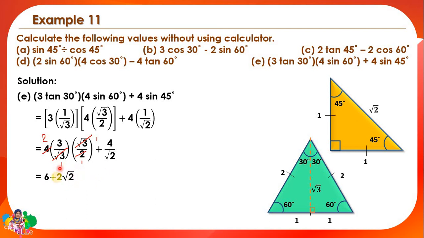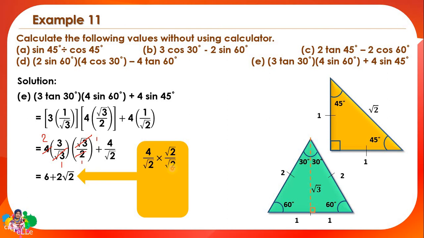But remember, you cannot leave the surd form at the denominator. Okay, how you get this value? 4 over square root 2, you multiply by square root 2 over square root 2.